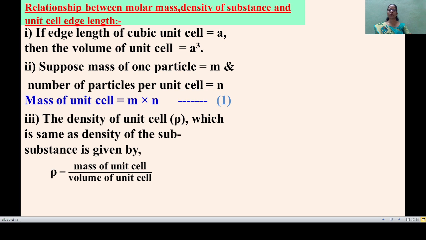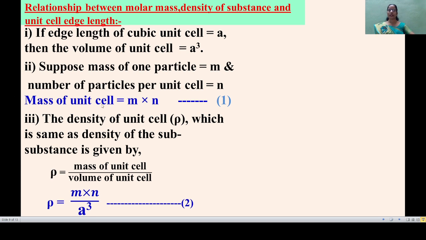Now here we have to derive the relationship between density and molar mass of that substance, and we know the formula for density. Density of any substance is equal to the mass of that substance divided by the volume of the substance. This density of the substance is the same as the density of the unit cell, and therefore the density of the unit cell will be given as mass of unit cell divided by volume of unit cell.